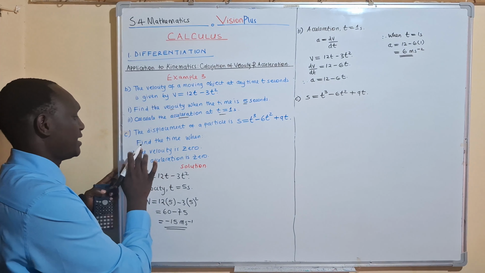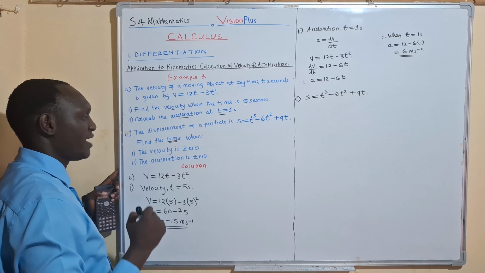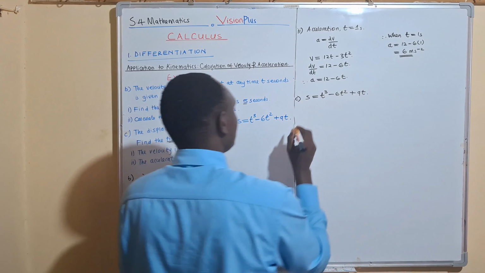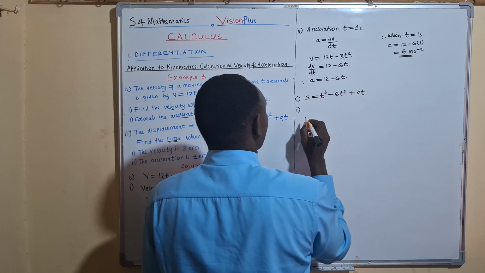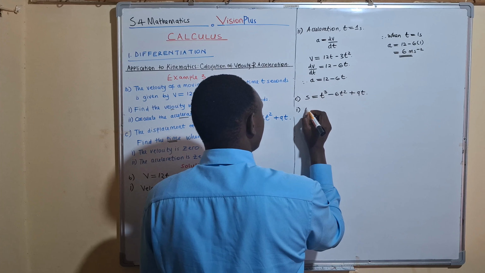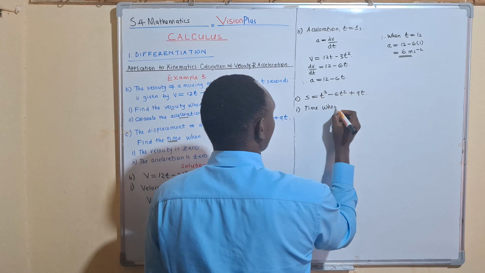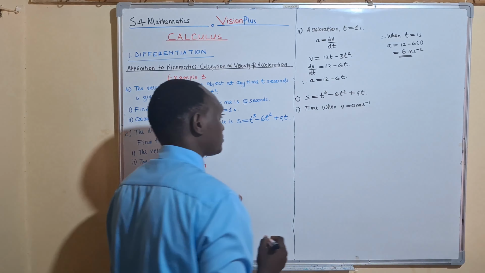What does the question say? The question says, find the time when the velocity is 0. So, Roman 1 is saying, time when the velocity is 0 meters per second.